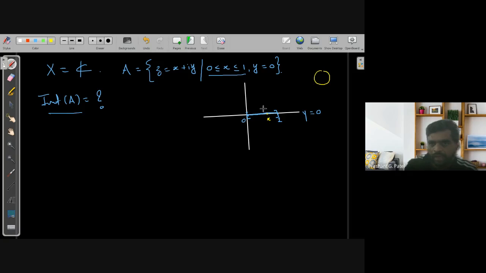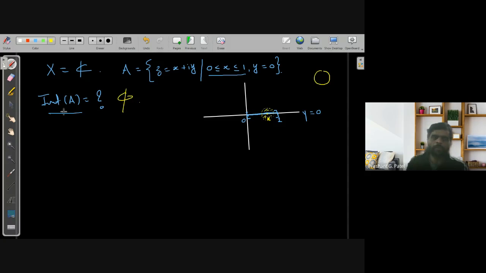So if I have a disk here, and this portion does not lie inside the set, therefore any point on this interval 0, 1 is not an interior point. So the interior of this set will be phi.